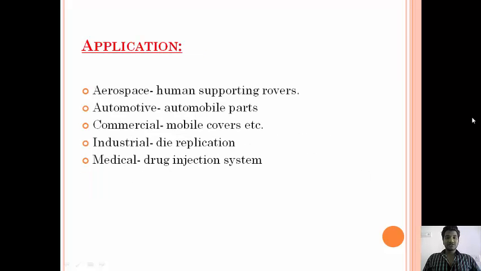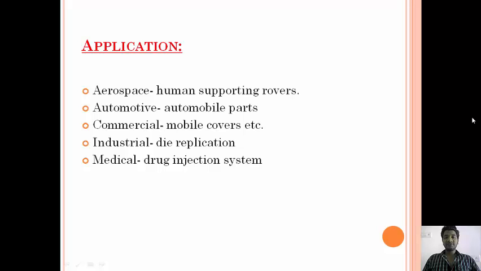Some of the applications of FDM are in aerospace, automotive, and commercial use. For example, in aerospace, it is used for creating human-supporting rovers. In automotive, most of the parts which are manufactured or forged are being replaced by the FDM method.